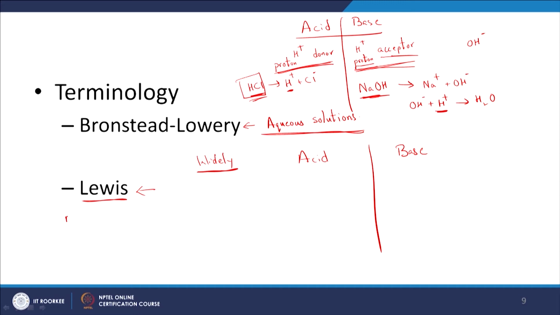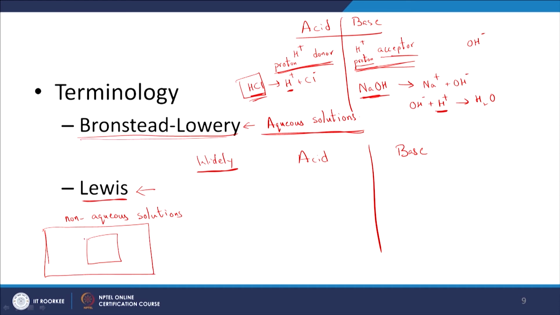So this is applicable to non-aqueous solutions too. With the Bronsted-Lowry theory, you will only be able to explain a few acids and bases, but the Lewis will give you a bigger set, right. So more or less the Bronsted-Lowry definition will give you a subset of the Lewis acids and bases.